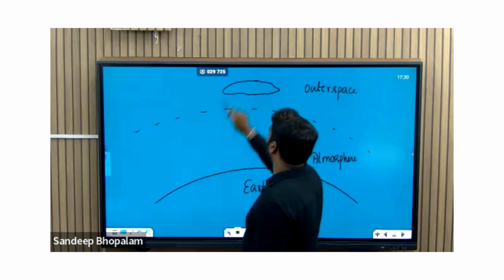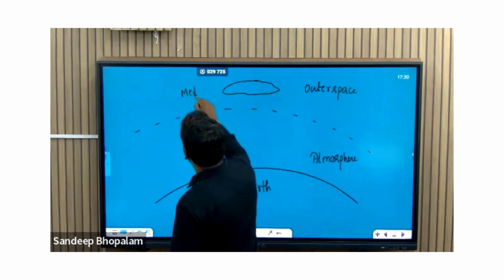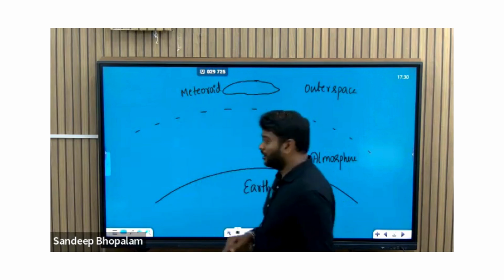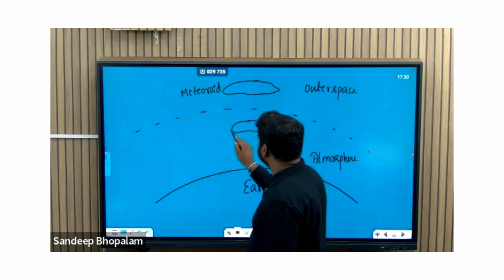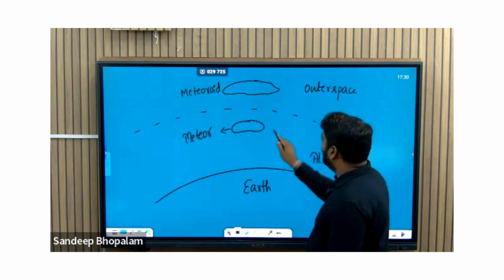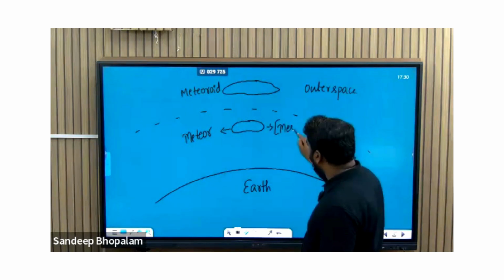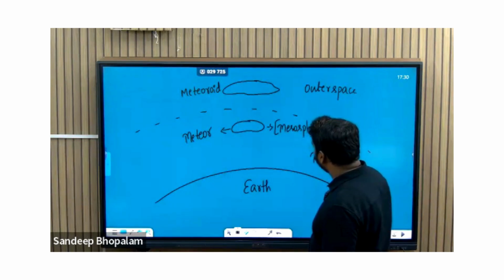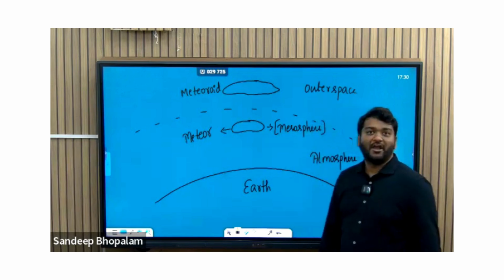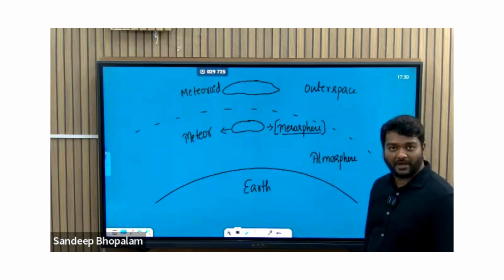Irregular shaped rocks present in the outer space will be called as meteoroid. If it enters into atmosphere, it is called meteor. And this meteor, burning will occur in a layer called mesosphere. Do you recollect? Meteor burning occurs in a layer called mesosphere.